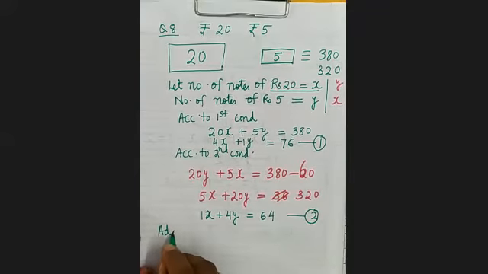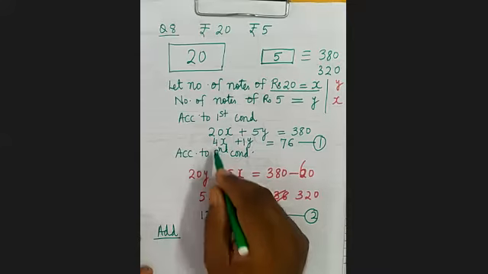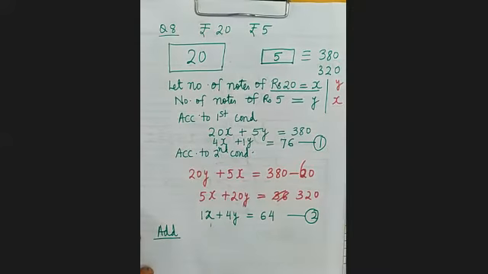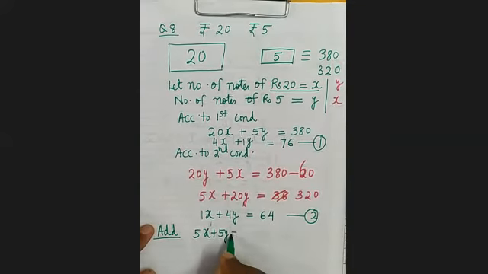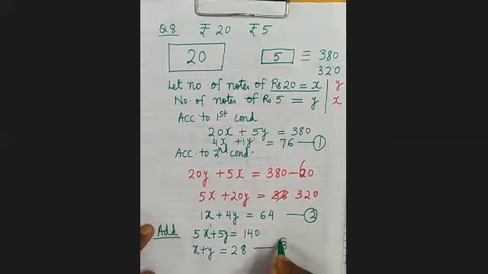You add once. What will you get? 5x plus 5y equals 140. So x plus y equals 28. This is equation 3.